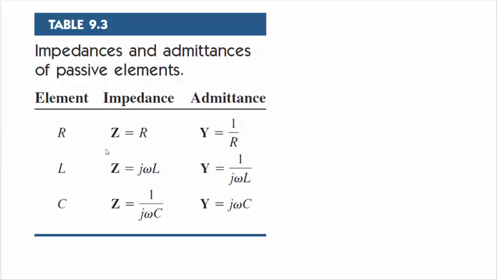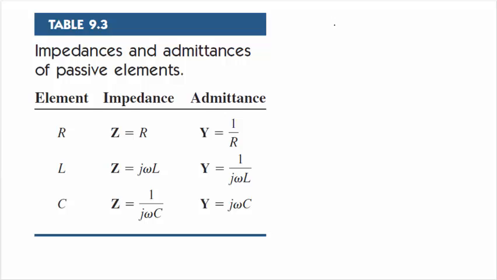So the next section of the book recognizes officially that R has units of ohms, and j omega L has units of ohms, and 1 over j omega C has units of ohms. Instead of calling that resistance, because resistance is a pure real quantity, your textbook now says that that's impedance. In the most general sense of the word it is really an impedance, but we give special terms to just these imaginary portions.